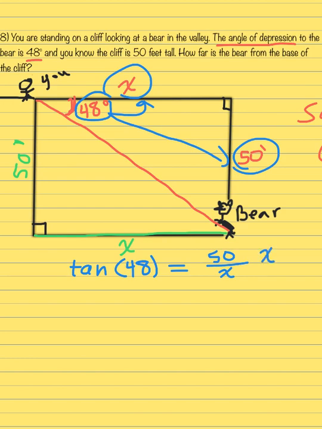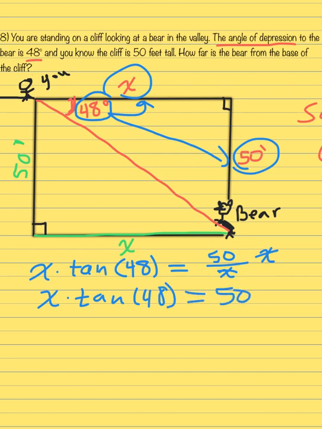So multiply by your denominator. x times the tangent of 48 equals 50.